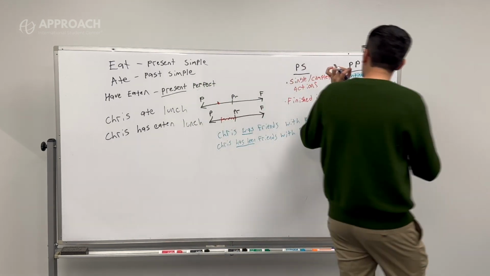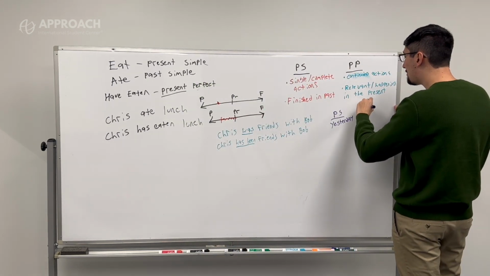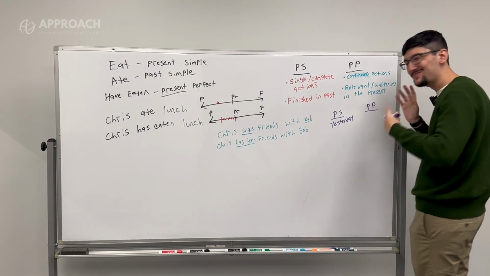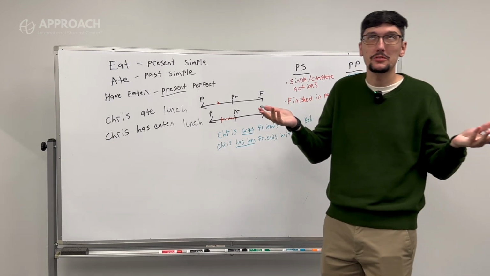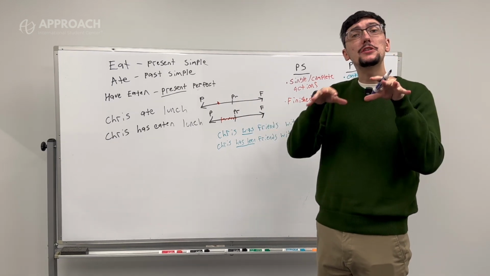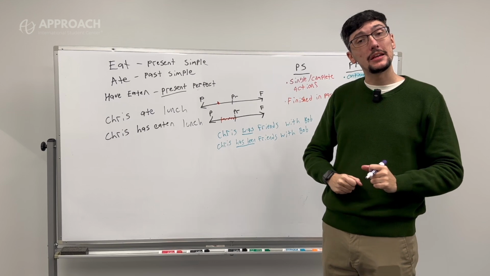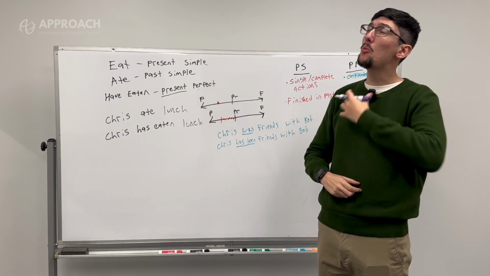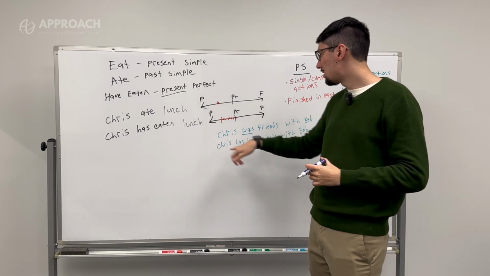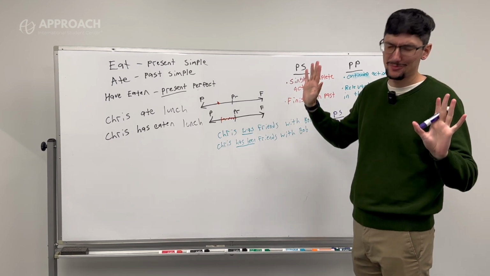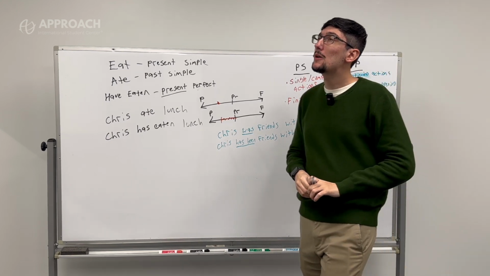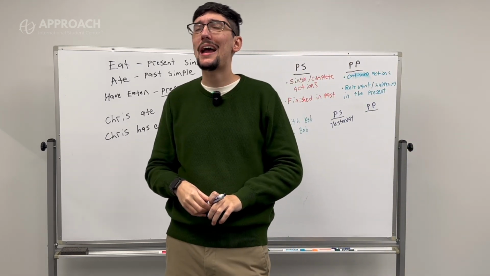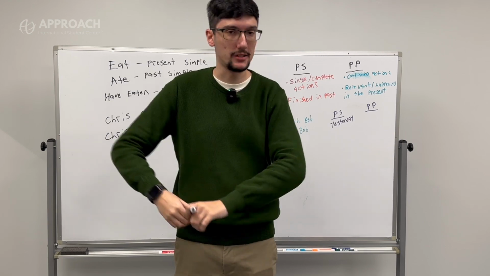But for present perfect, we use more general time words. So like a very common question in English could be like, I'm talking to Bob, we're back with Bob, we're friends. I want to know if Bob has gone to Italy.